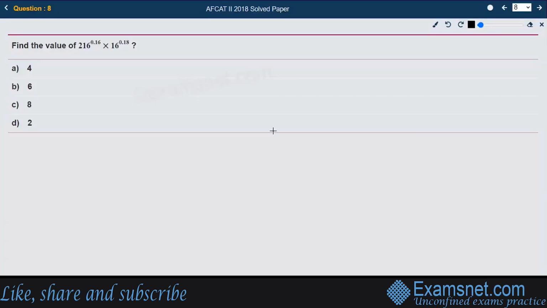Question number 8. The question says it has to be 256 to the power 0.16 multiplied by 16 to the power 0.18. There seems to be a correction. In place of 216, this has to be 256. So this is the question in front of us. We have to solve this.